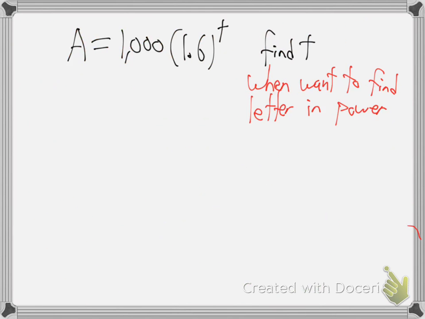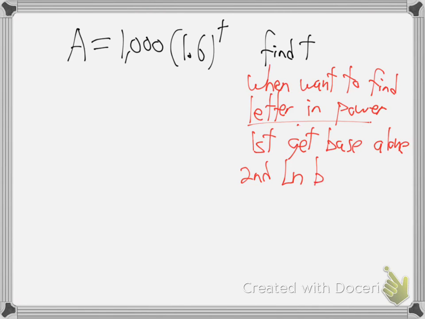But here I want to find a letter in a power, so ln both sides. ln both sides is how we do it. Actually, I should say, first get the base alone. Second, ln both sides.